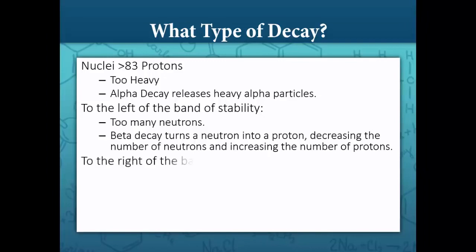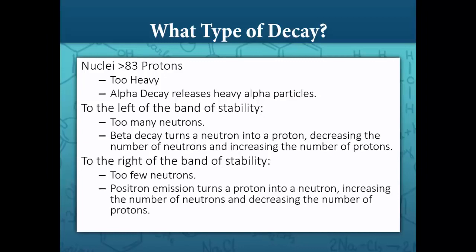If the nucleus falls to the right of the band of stability, meaning it contains either too few neutrons or too many protons, it will most likely undergo positron emission, in which case a proton is turned into a neutron, thereby increasing the number of neutrons and decreasing the number of protons.